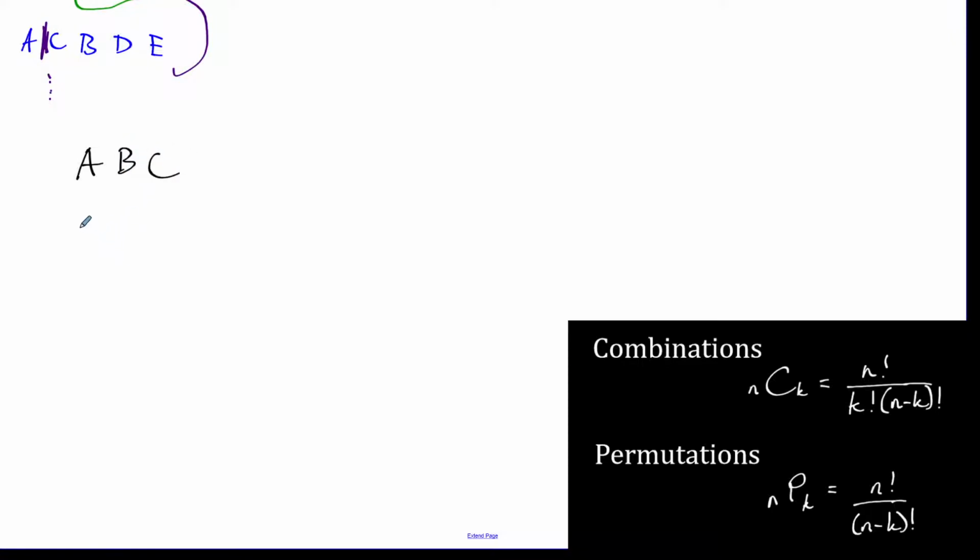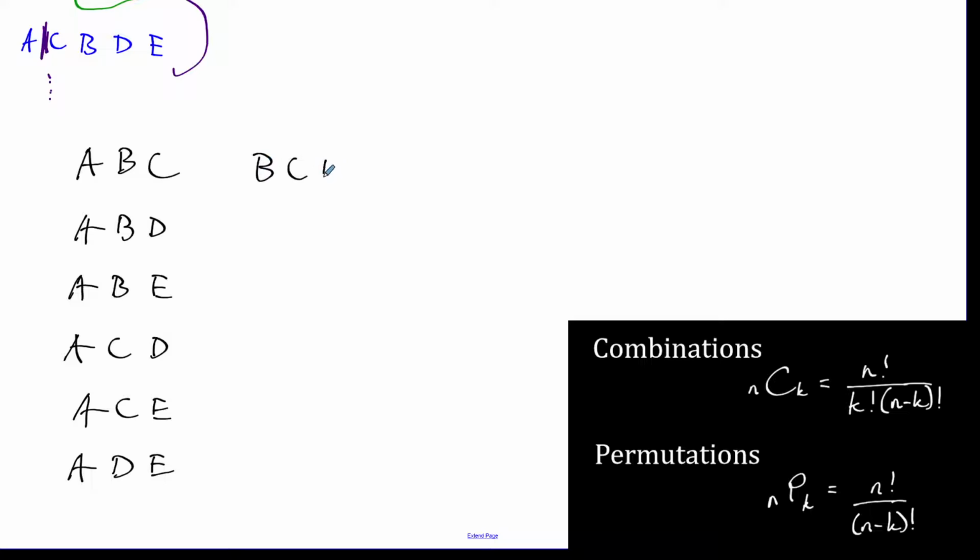I can do ABC, I can do ABD, ABE. Now I've exhausted all the different ways A and B can play together. I can do ACD, ACE, and I can do ADE. Now I've exhausted all the different ways that A can play.